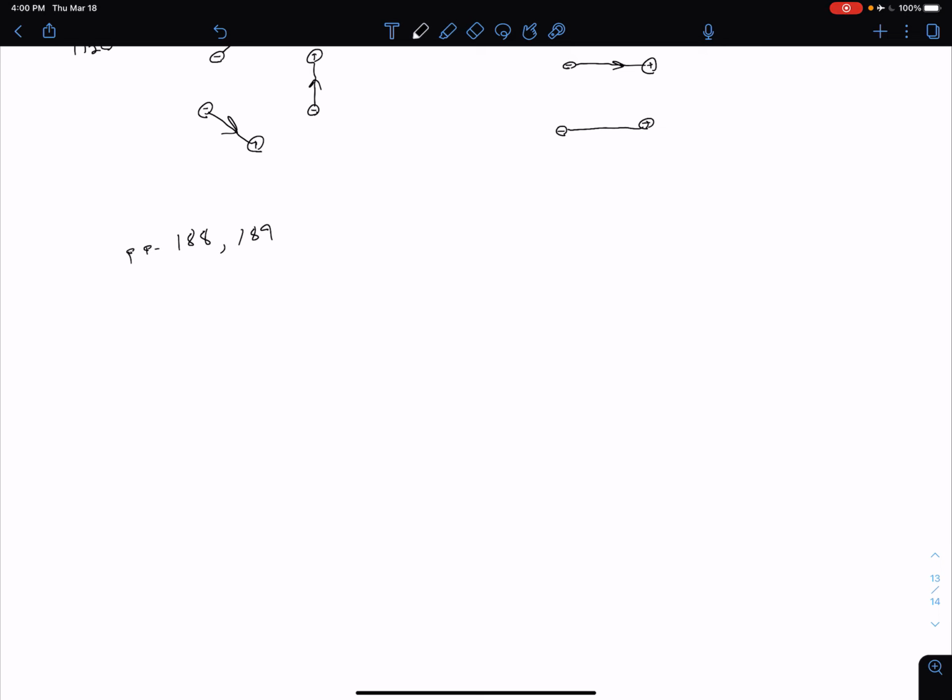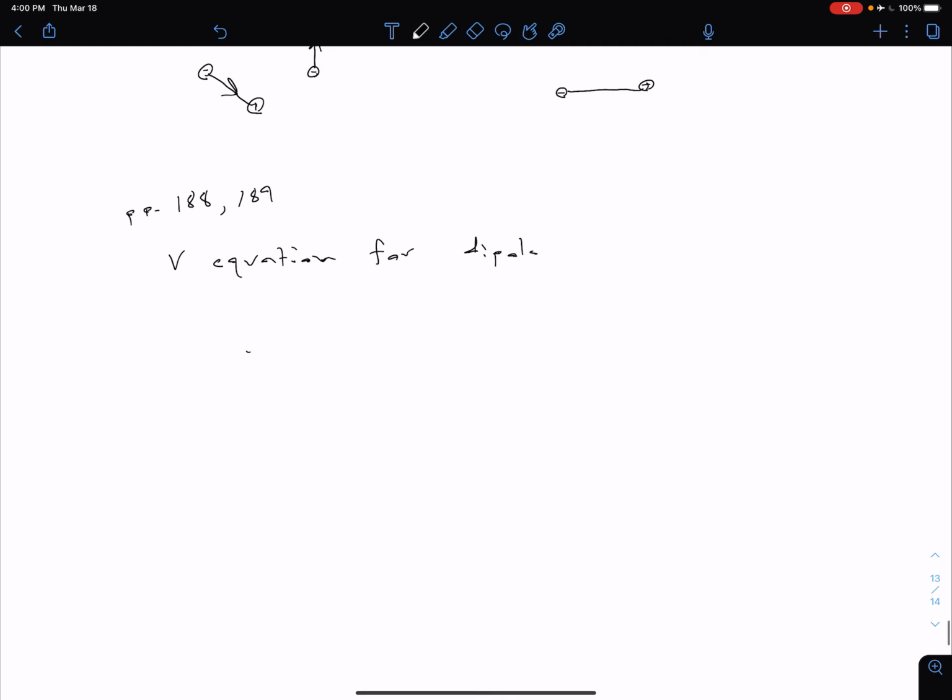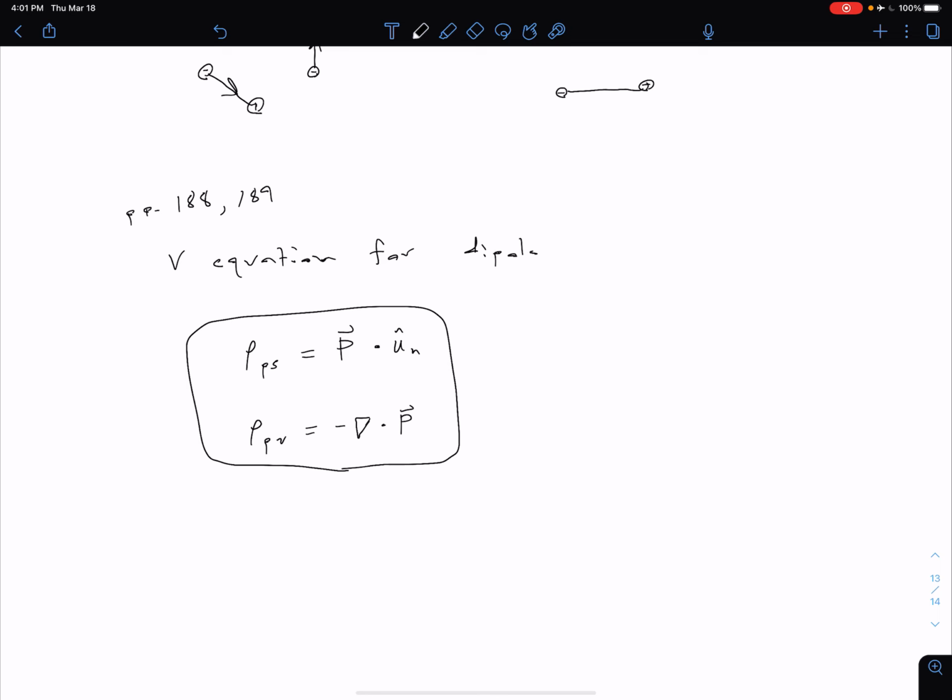The starting point is our voltage equation for dipoles, which ends up giving us two quantities: rho sub PS, which is equal to P dot u_n, and rho sub PV, which is equal to negative del dot P.